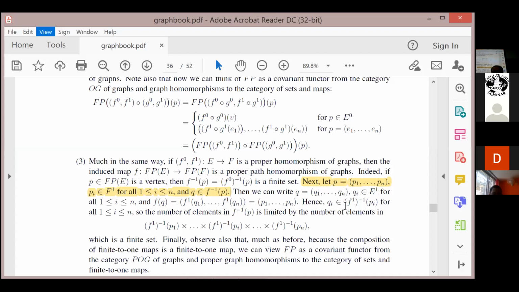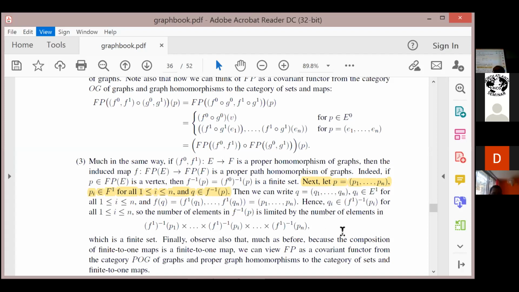Because for every i I can choose as many elements as there are in the set F1 preimage of Pi. I cannot have any more paths. So the number of elements in this Cartesian product, which is simply the product of the number of elements in each of these F1 inverse of Pi, is the limiting number.